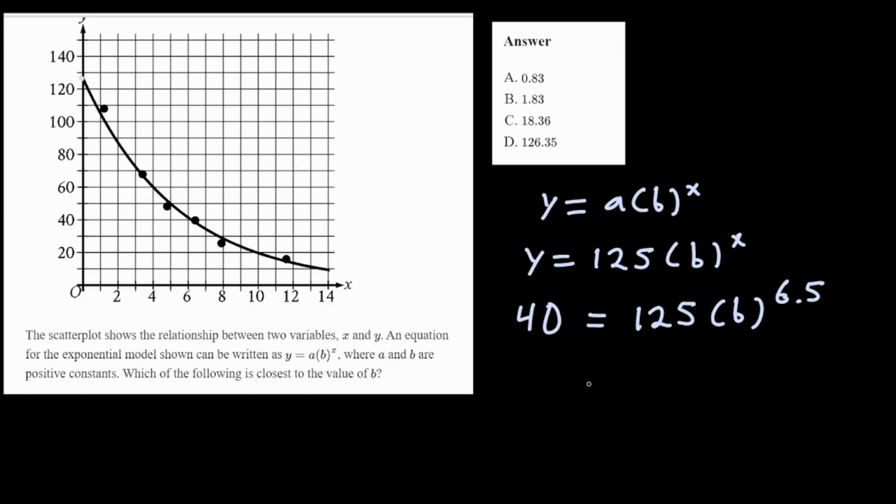Here, you should just put it in a calculator or Desmos and graph it. Mathematically solving it, we get about 1/3 equals b to the 6.5. And to solve this, take both sides to the power of 1 over 6.5. So you get 1/3 to the power of 1 over 6.5 equals b, which should be about 0.83.